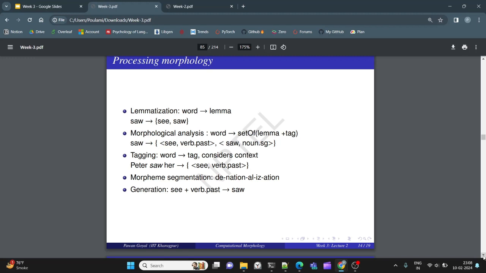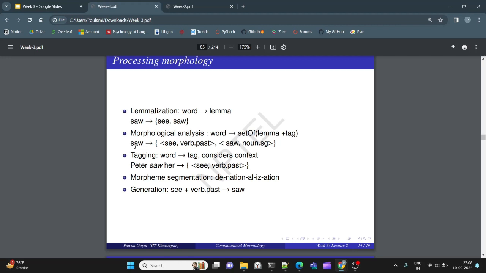That is what we discussed. So that is lemmatization. If we start with saw, after lemmatization we can have see and saw, which are the lemmas. Another thing is morphological analysis. Let's see the example first. When we do morphological analysis of saw, saw can be two things.